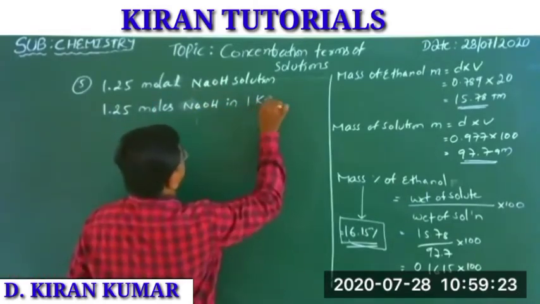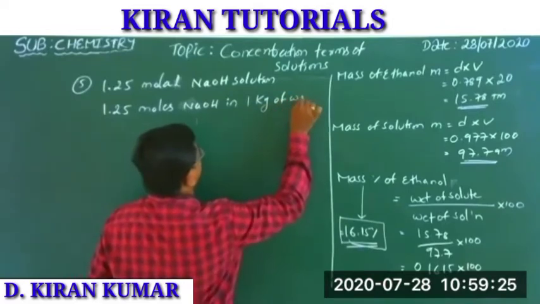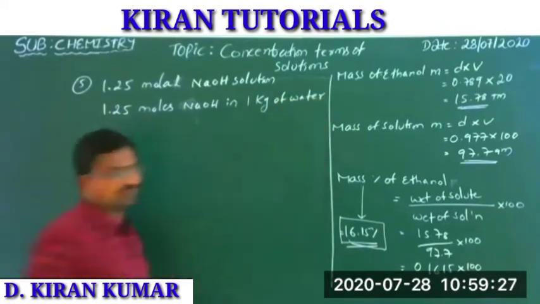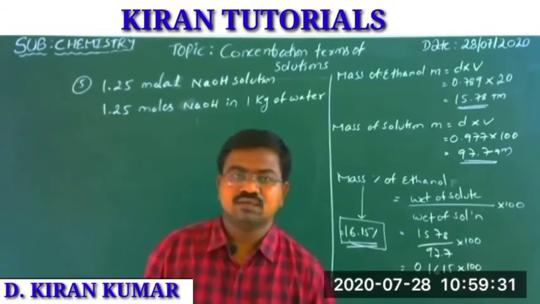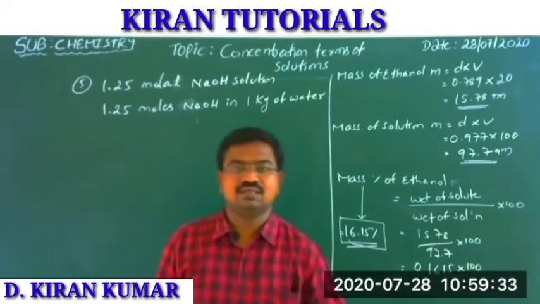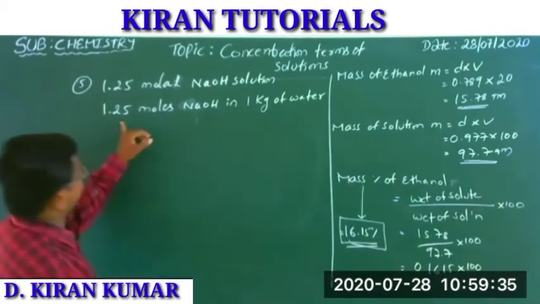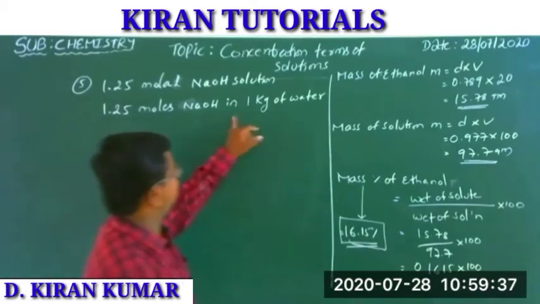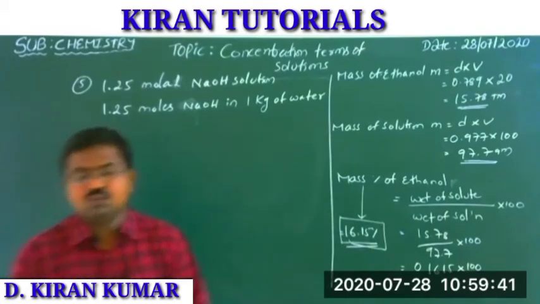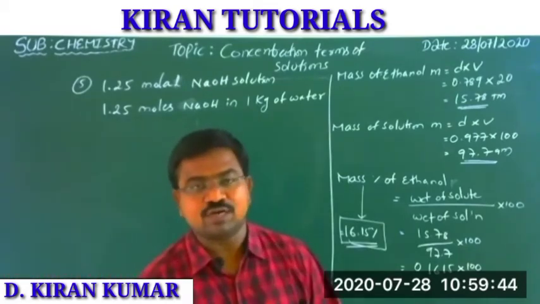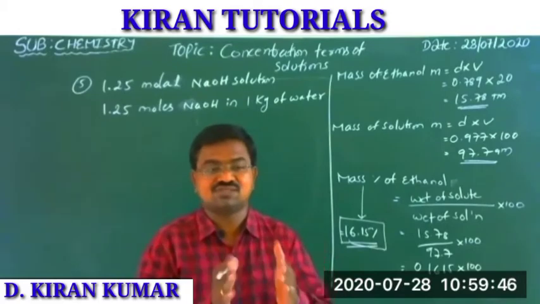Now that 1.25 molar solution is nothing but 1 liter, and 1 liter is nothing but 1 kg. So 1.25 moles of sodium hydroxide in 1 kg of water. See here, moles are given, so we have to find out mass of solute.